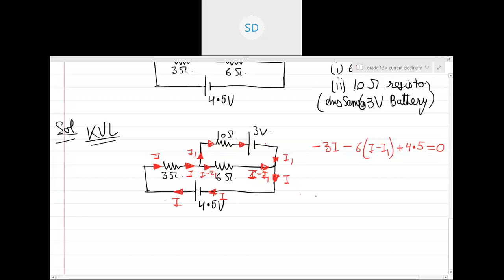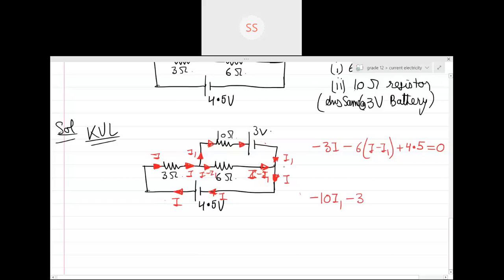So, 10 into I1, plus or minus? We are going in the direction of current, can you see the current is also going left, we are also going left. So minus 10 I1, then minus 3, then minus 3 again.